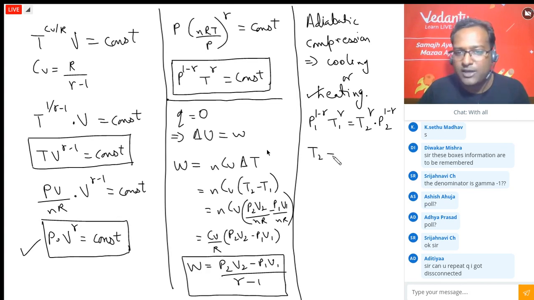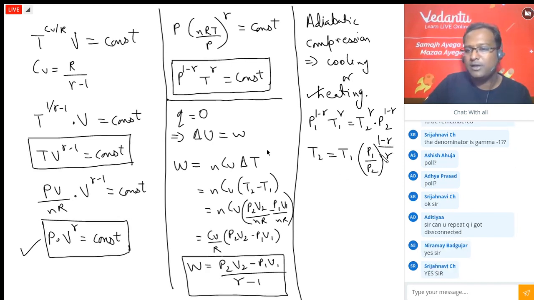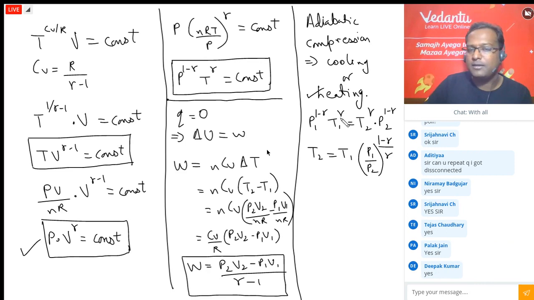So T2 can be written as T1 into P1 by P2 to the power 1 minus gamma upon gamma. Please check. Just as we removed the 1 by 1 minus gamma power earlier, here we also remove gamma by taking the power 1 by gamma on both sides.